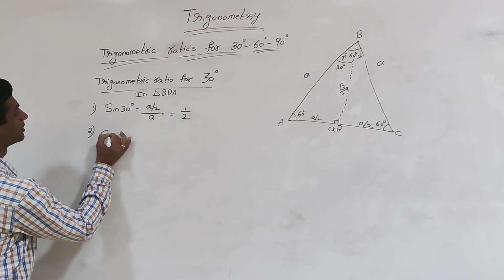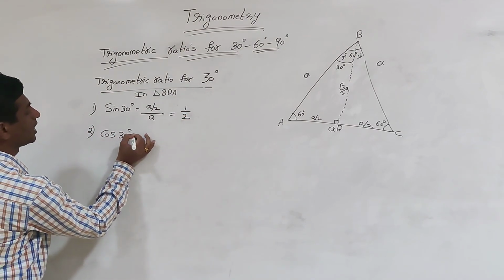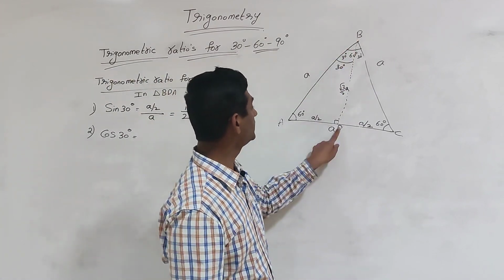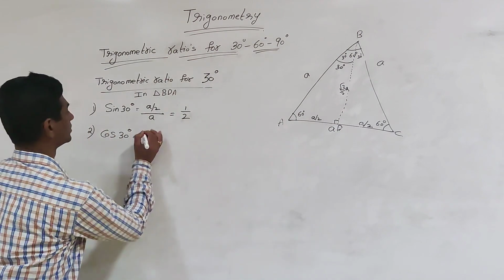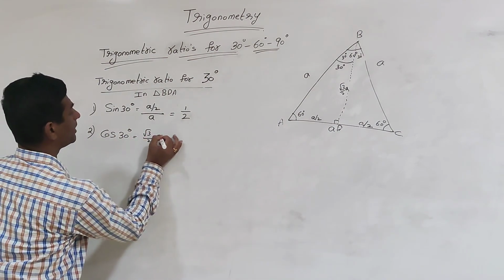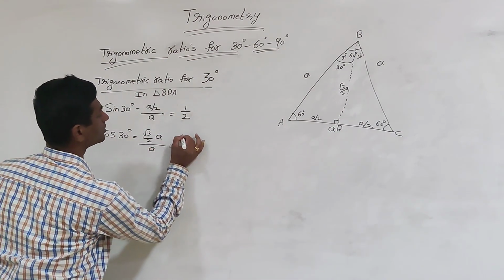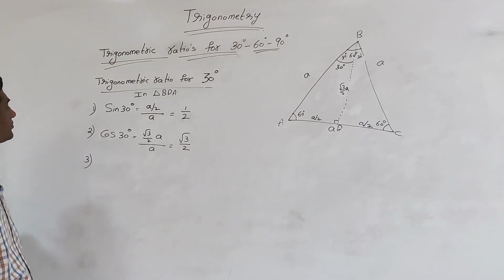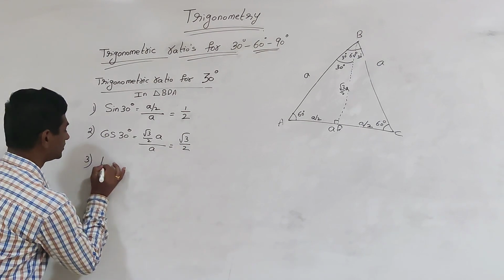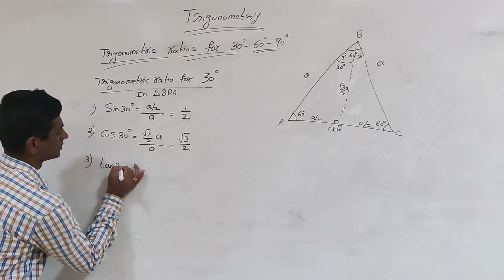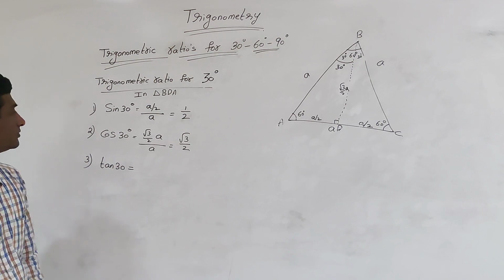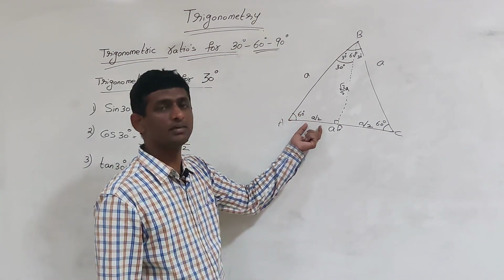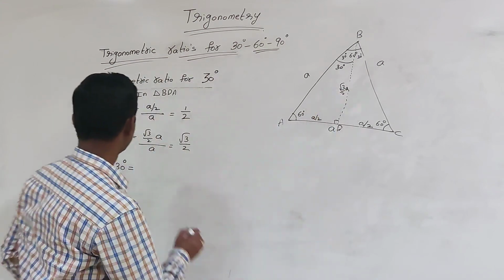Second, cos 30 degrees. Adjacent side of 30 degrees by hypotenuse. The adjacent side of theta is root 3 by 2 a, by a. So which is root 3 by 2. Next, tan 30. Tan 30 is opposite side by adjacent side.